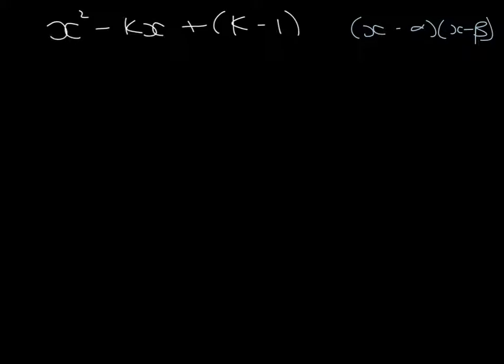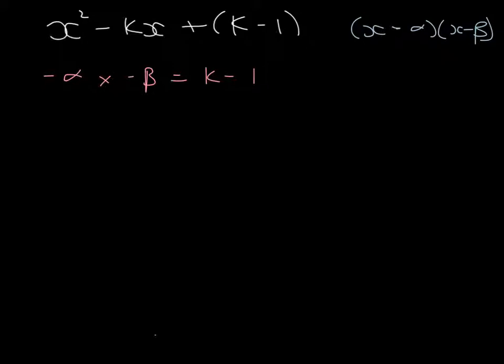Think about how we factorise: the multiplication of these two values, here and here, must give you this value at the end. So minus alpha multiplied by minus beta must give us an answer of k minus 1.